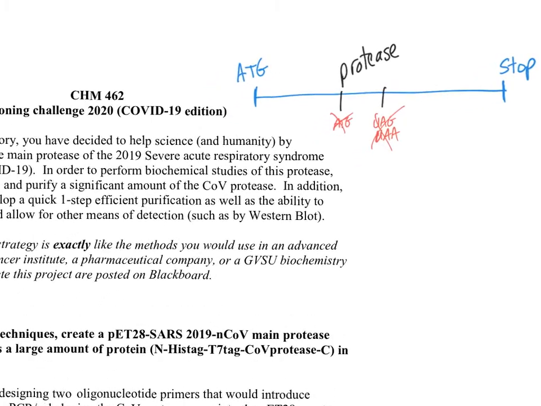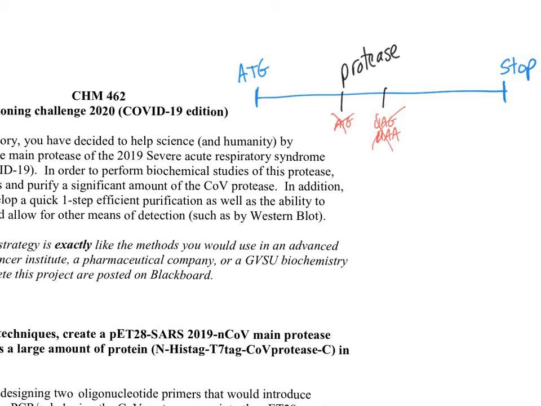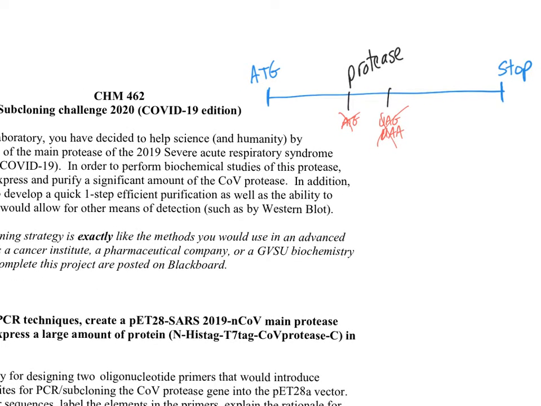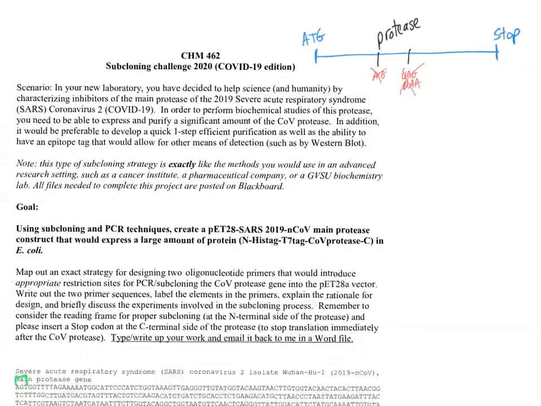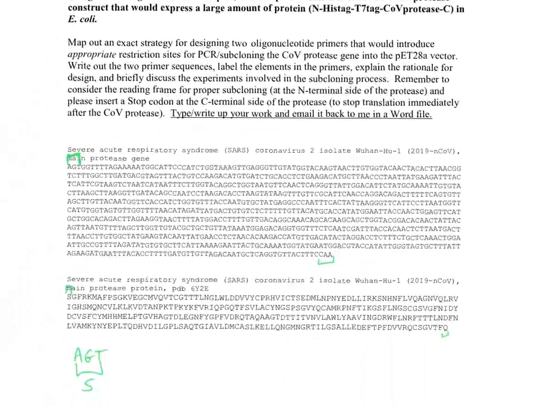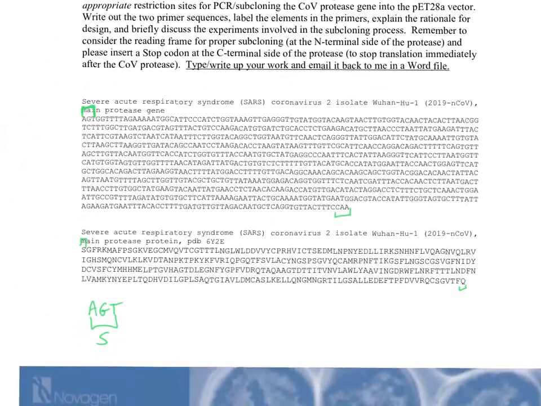Now that's fine, because we're going to just take this out. We're going to provide it with our own ATG. The plasmid that we're going to put this in, pET28, is going to provide it with everything we need. So this is a little simpler once we can visualize that. Really all we want to do is start it here and end it here.